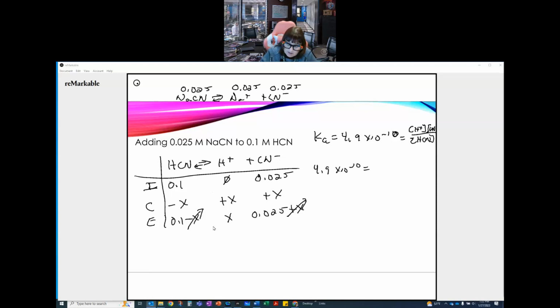We don't have an H plus, that's an X. So we plug that X in. My CN minus, I have, and that's 0.025. My HCN is 0.1. So now I can isolate that X: 4.9 times 10 to the minus 10th times 0.1 divided by 0.025, and that's equal to X. Sorry.